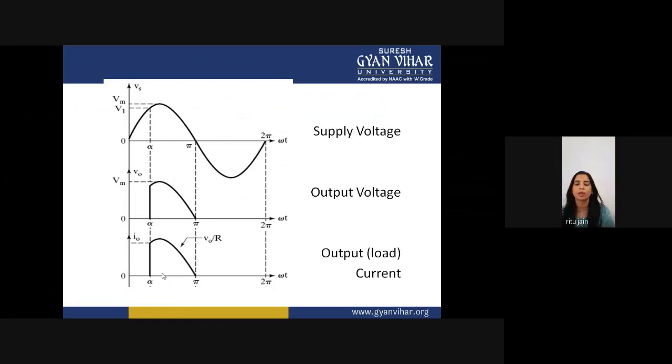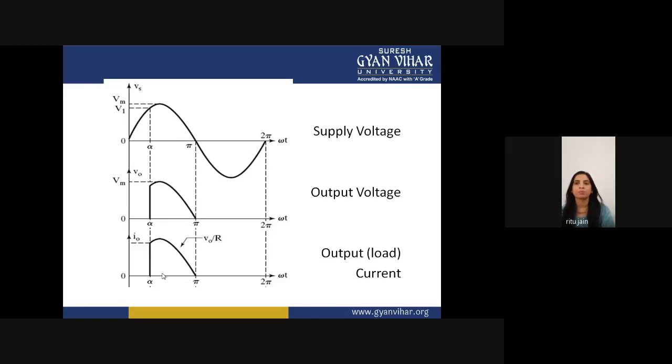The SCR comes into the forward blocking mode, so there is no conduction and no current flow through the SCR. This is the ideal condition. Actually, for some time it conducts, or it takes time to turn off.